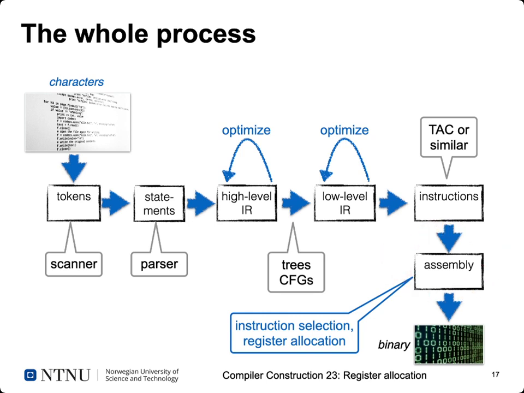Of course, some compilers actually cheat a bit and leave out these steps. So for example, if you have a Java compiler, what the Java compiler generates is code for a relatively abstract stack machine. So this stack machine doesn't really have to be concerned with real-world problems like register allocation, for example, and specific instruction selection.